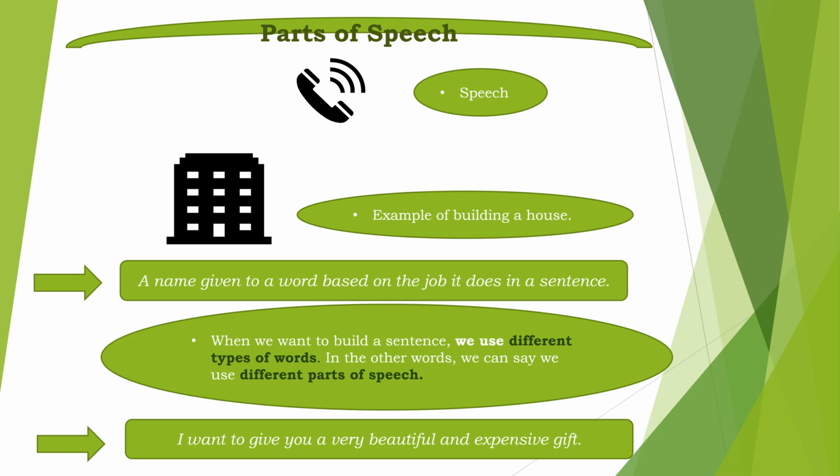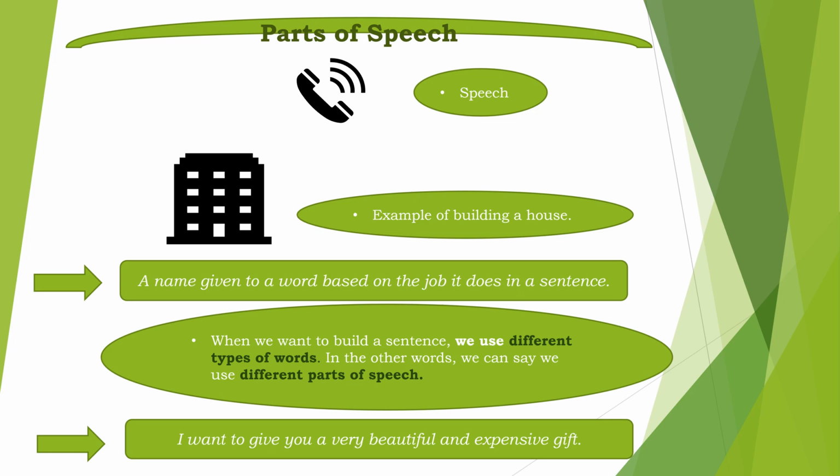We cannot just use any word anywhere because in grammar we have a system and a structure. The rules of grammar help us to decide the order of the words in a sentence and which form of the word to use.